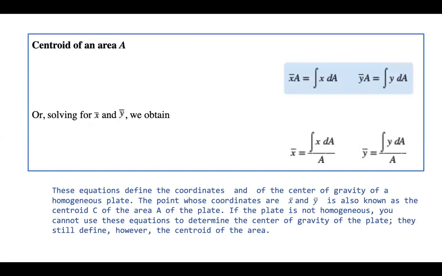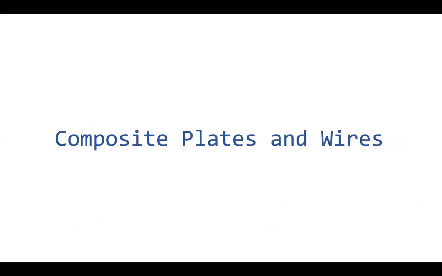These equations define the coordinates x bar and y bar of the center of gravity of a homogeneous plate. The point whose coordinates are x bar and y bar is also known as the centroid C of the area A of the plate. If the plate is not homogeneous, you cannot use these equations to determine the center of gravity of the plate. They still define, however, the centroid of the area.